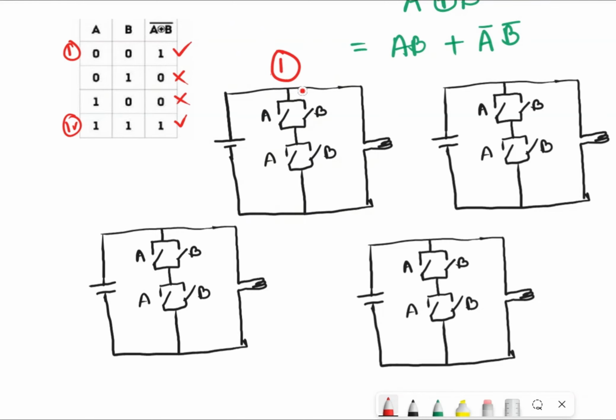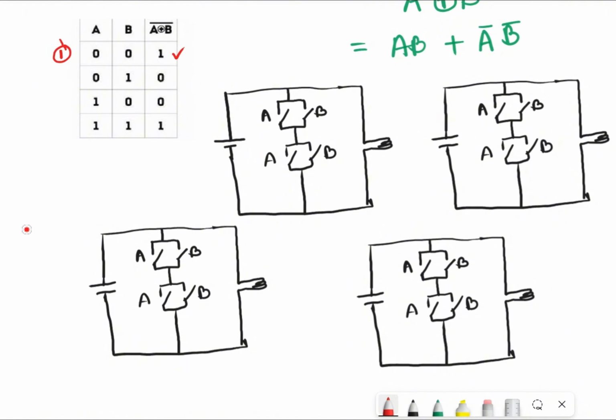So A and B is 0, and here A and B is 0, so this is 0 and this is 0. Now here 0 means 1 and 1, so this one is 0 and this is 0. For case number 1, input 0 0, output will be 1.